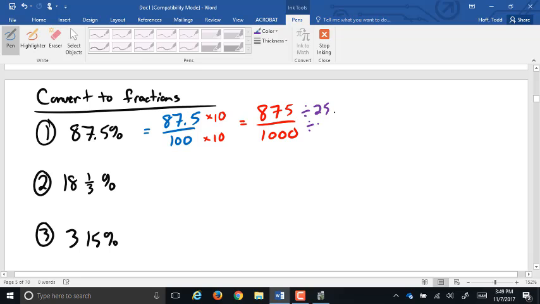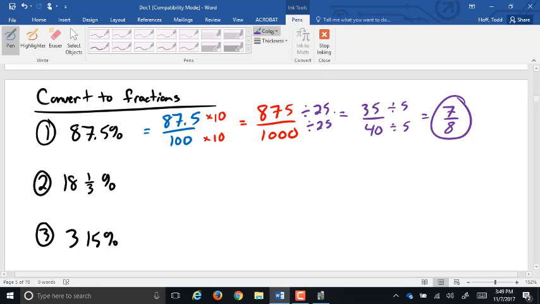How about we try 25? I'm not sure if 75 will work. It might, but let's see. 25 is what, 35 over 40. They can still be reduced by 5. Be 7 over 8. 125 would have been reduced by 75 wouldn't have worked.